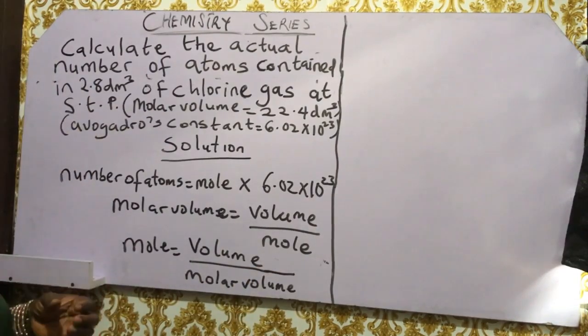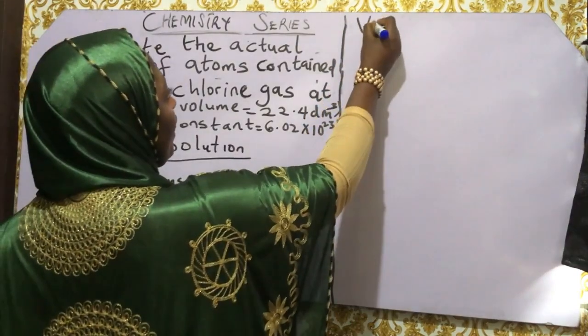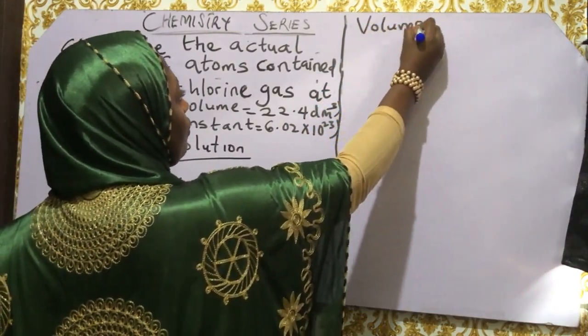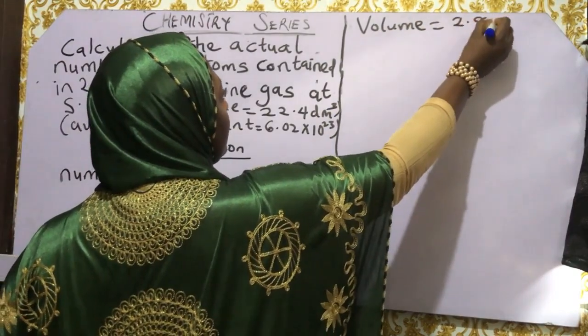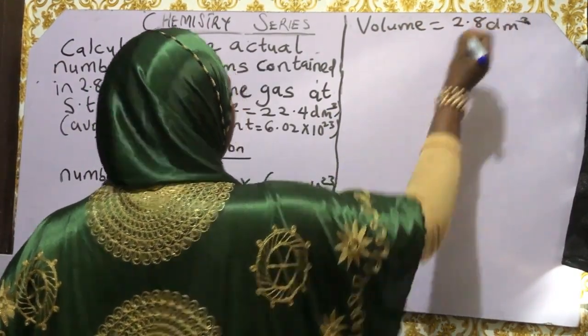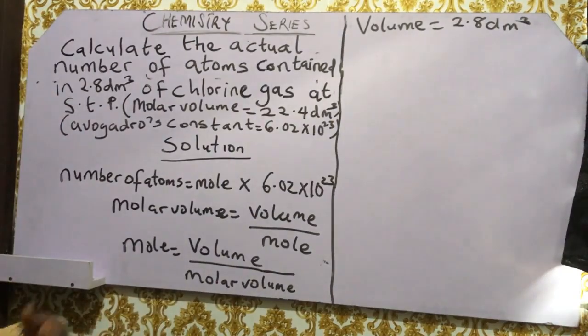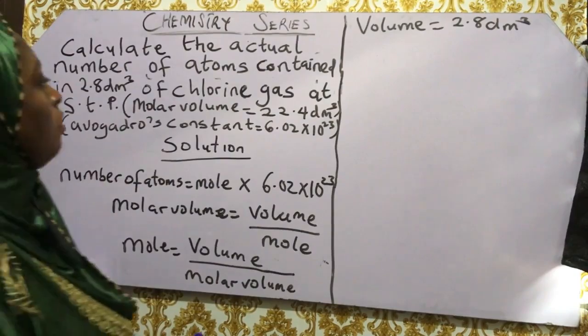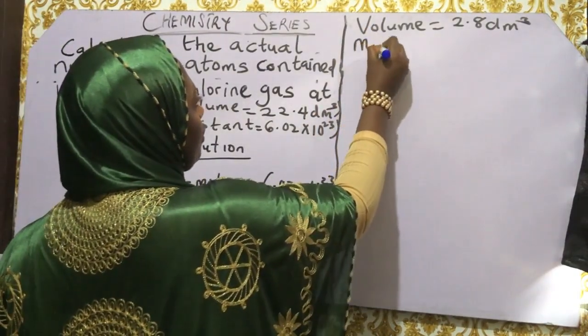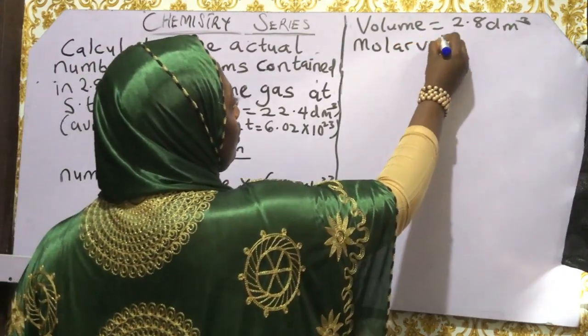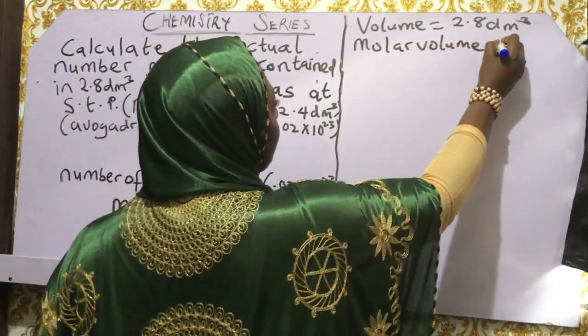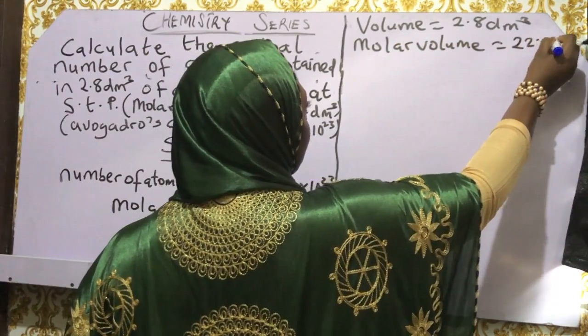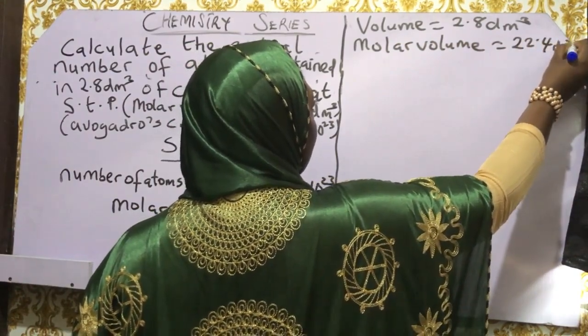Now, in the question, we have the volume of chlorine gas to be 2.8 dm cube. So volume, given in the question, equals 2.8 dm cube. And we are given the molar volume, as we all know that the molar volume of a gas at STP, 1 mole of a gas at STP, is 22.4 dm cube.